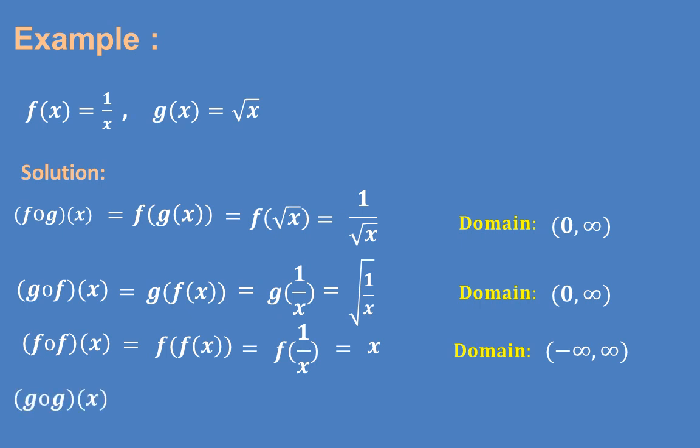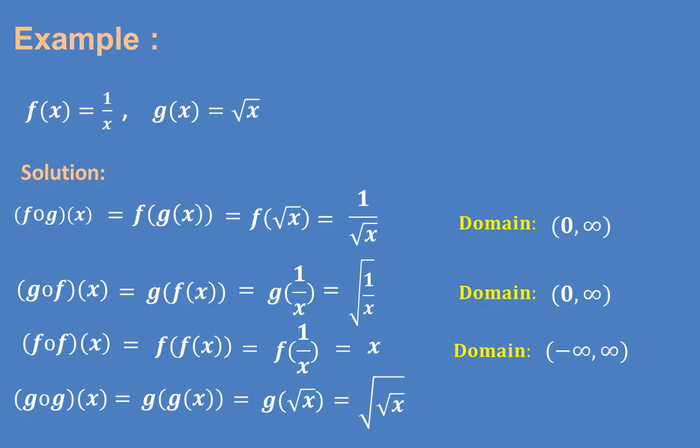And g circle g of x is equal to g of g of x, which is equal to g of the square root of x. And g of the square root of x will equal the square root of x.